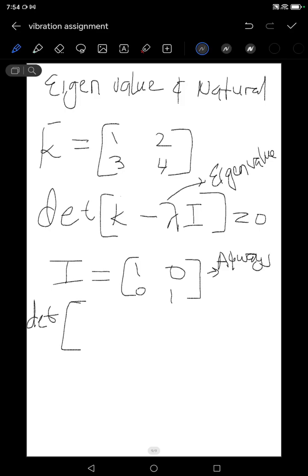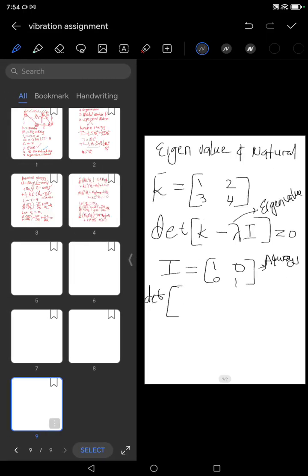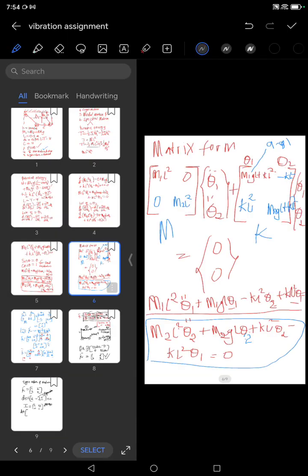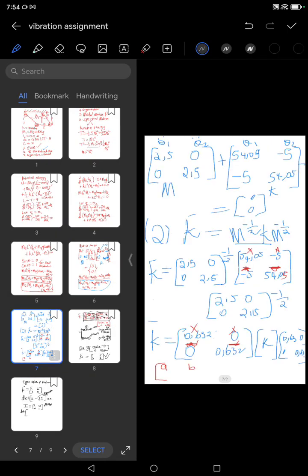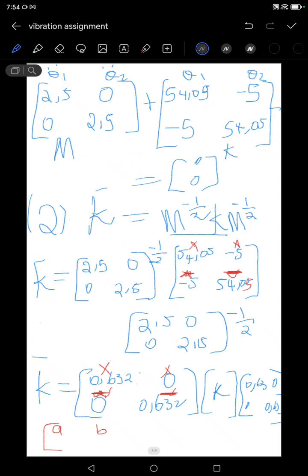So now we just want the value of k. Remember, we do have the value of k. We did determine it. So the value of k is going to be 54.05, negative 5, negative 5, and 54.05.